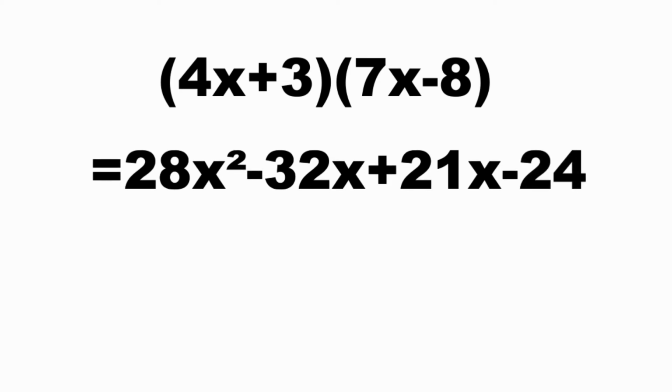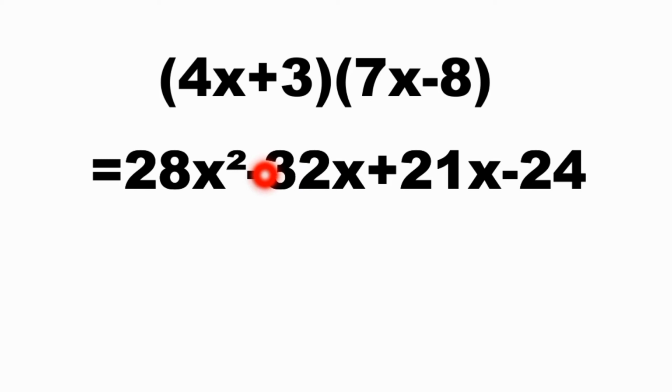You can combine the middle terms, minus 32x and plus 21x. We subtract, since they have opposite signs, so this is 11x.